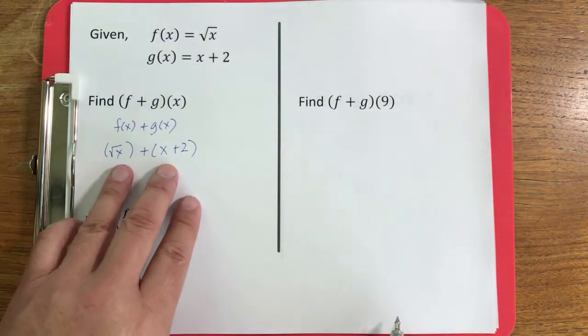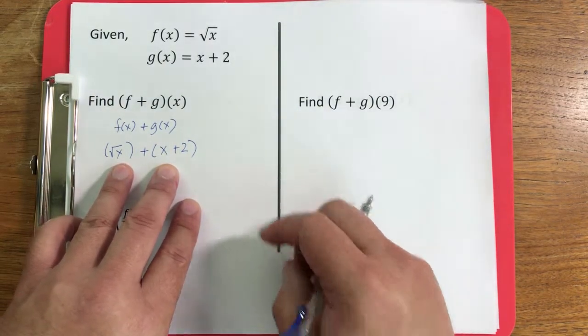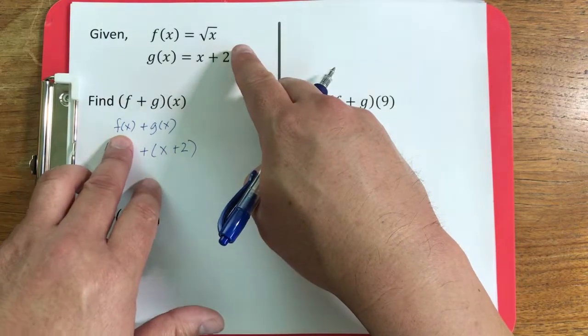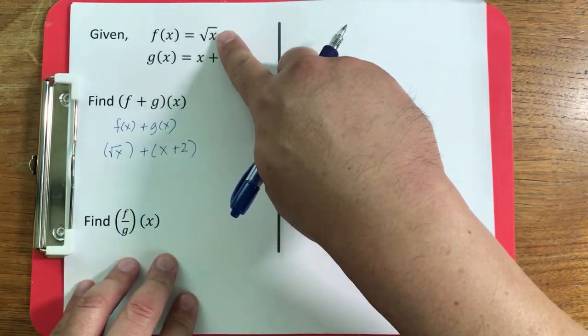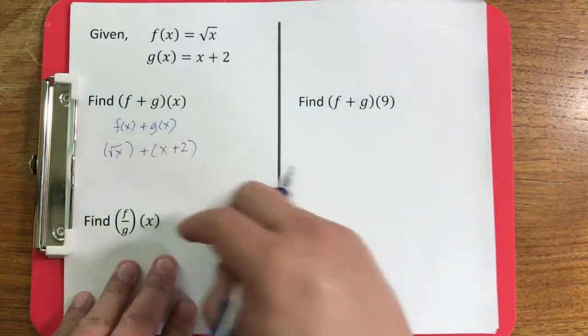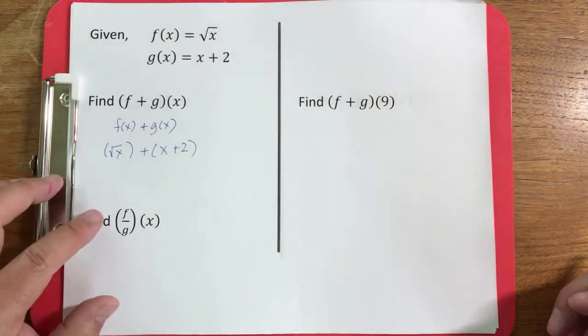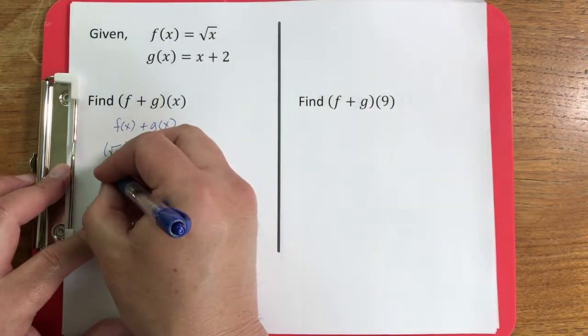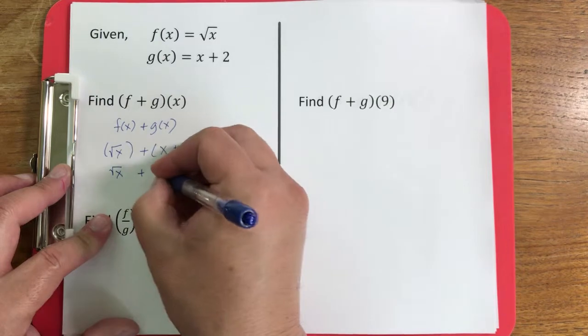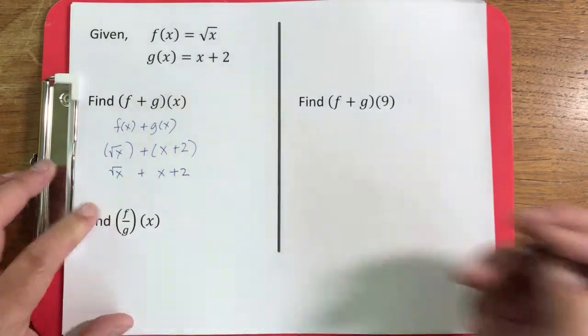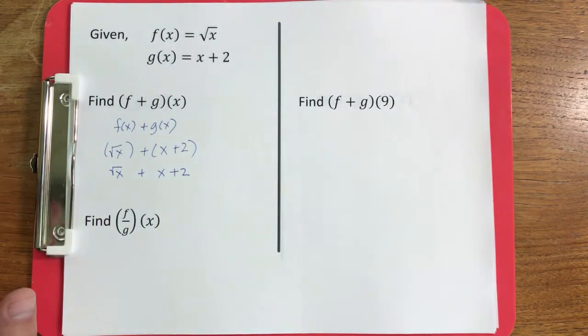Now, anytime you do a substitution, whether it's a number or if you're substituting a function with its expression, always put a parentheses around it. Sometimes it matters, sometimes it doesn't. In this case, it doesn't. And then that's your answer.